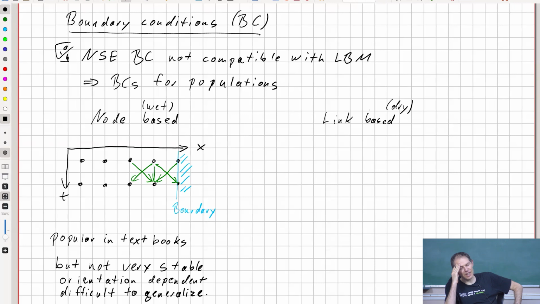Actually, this comes a little bit from the idea that everything goes on the nodes. So you would like to set your boundary conditions directly on the nodes, and you would want to set directly your velocity or pressure on that node. So I decided not to show any of these examples now.